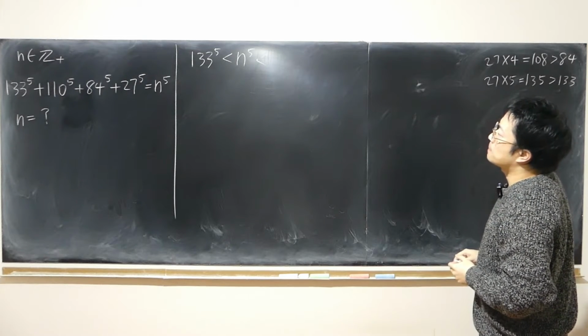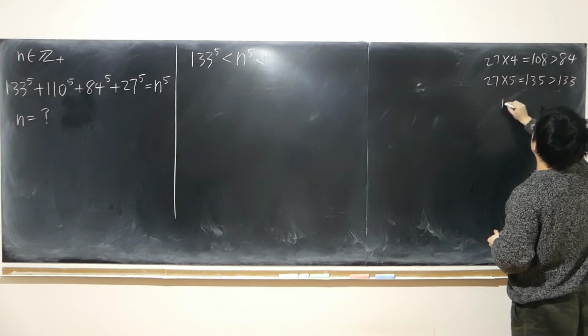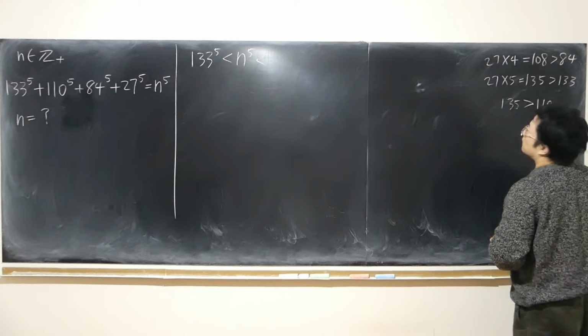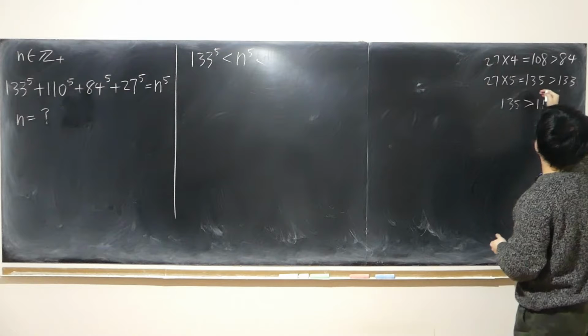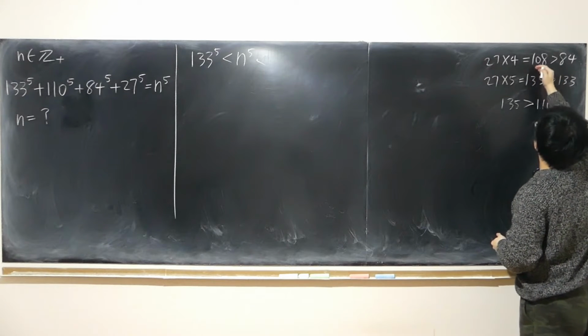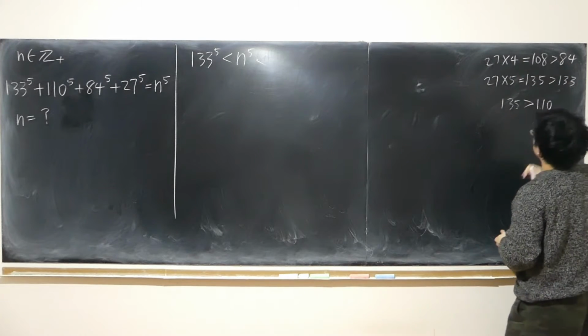And also 135 is a little bit bigger than 110. So we can just easily use this as the upper bound of this, and this.